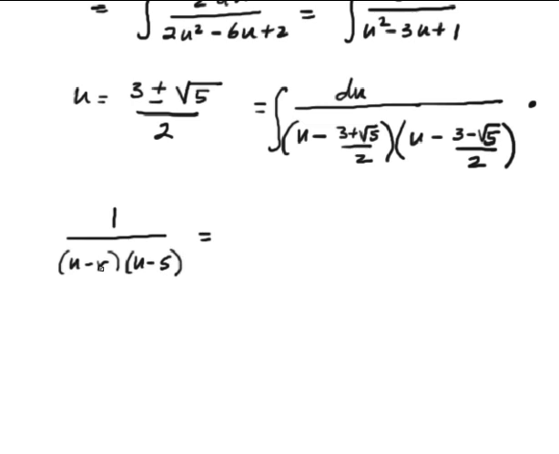In our case, r is (3 plus root 5)/2, and s is (3 minus root 5)/2, but just so that I don't have to keep writing this cumbersome quantity, I'm just going to put r and s here. All right, and so here, let's break this up. I'll put an a here and a b here. Multiply both sides by this denominator.